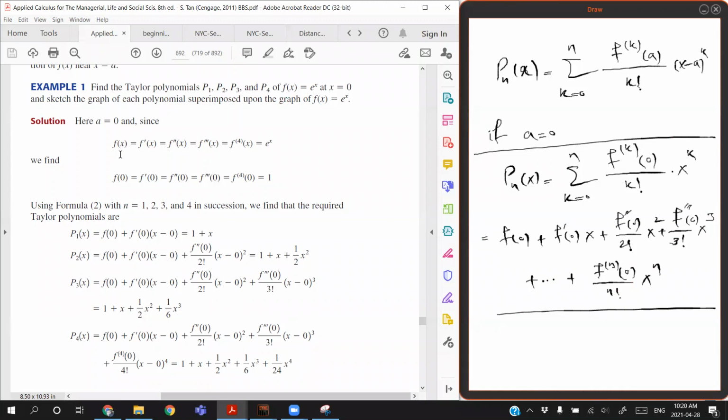So in the exercises that you have in the web work, if you see Taylor series, then a is always given, and you are supposed to expand the series or expand the polynomial around that a. But if a is not given and it says expand the Maclaurin series, then it simply means that a is 0. And actually, for example 1, we are supposed to write a Maclaurin series because it's asking us at x equals 0.